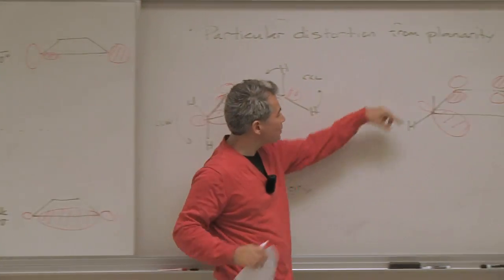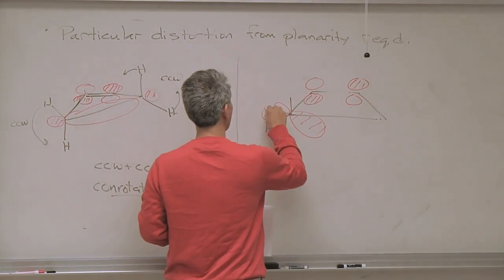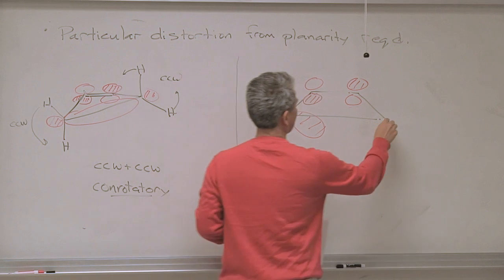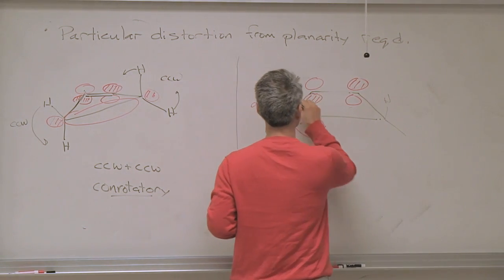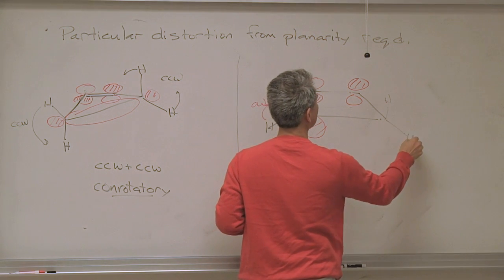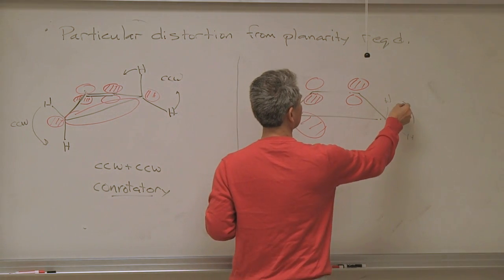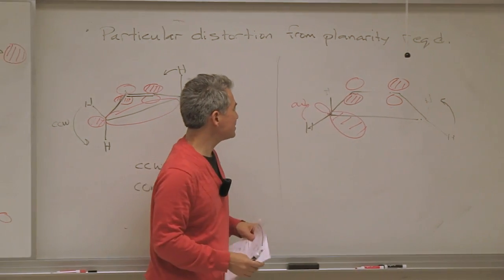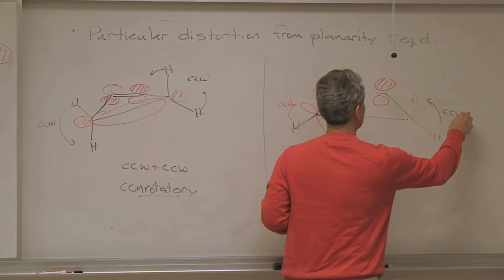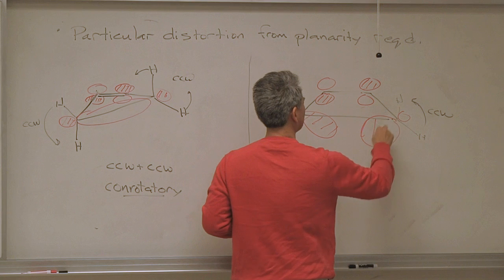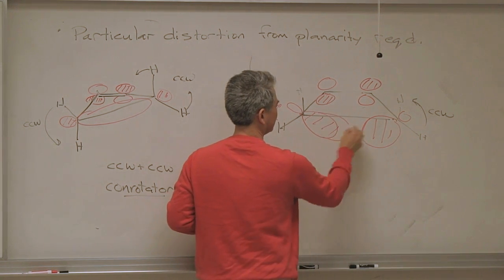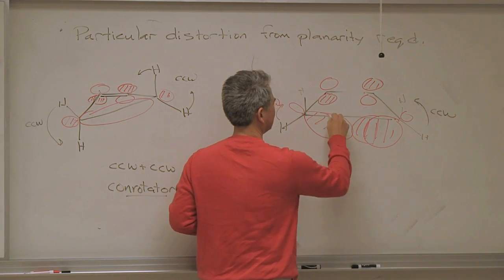So if I distort this so it's going clockwise, and then I have this other group over here, and I do it counterclockwise. So now they're going in the opposite direction. You end up with this very uncomfortable situation where now, maybe I should make these bigger.